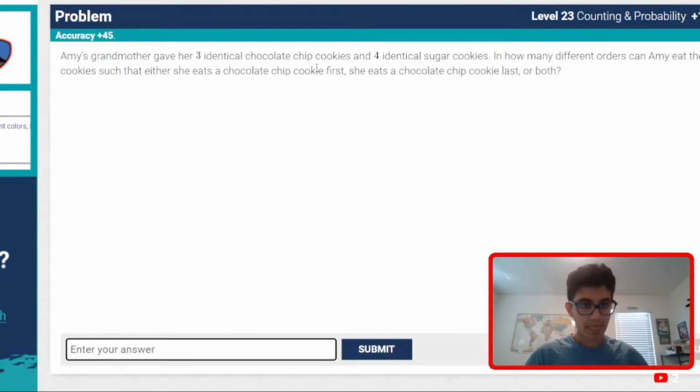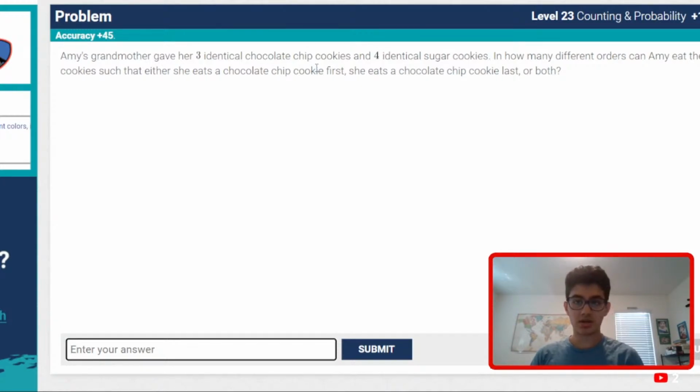Okay. Amy's grandmother gave her 3 identical chocolate chip cookies and 4 identical sugar cookies. In how many different orders can Amy eat the cookies such that she eats a chocolate chip cookie first? Okay, they're all identical.